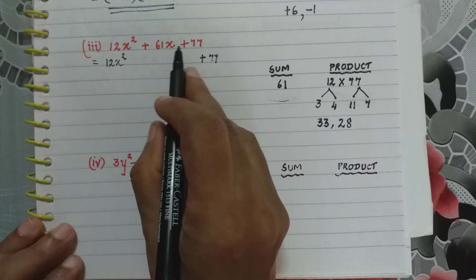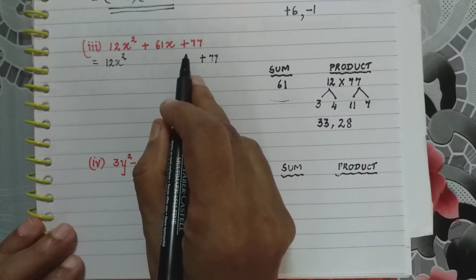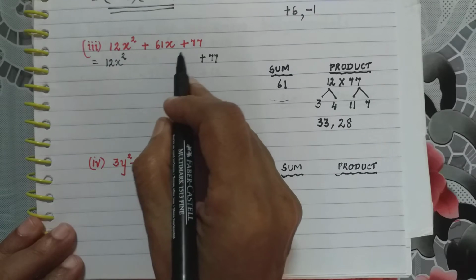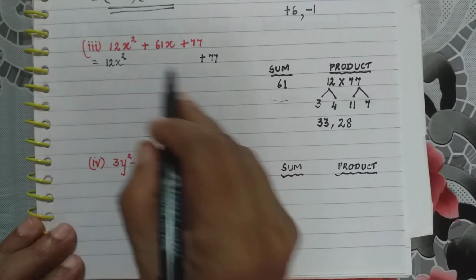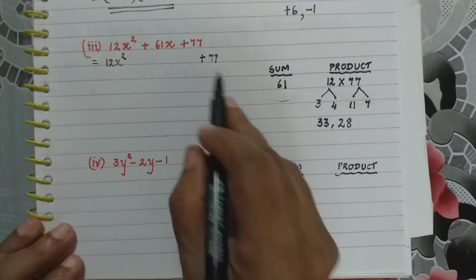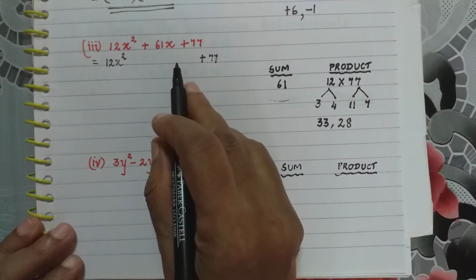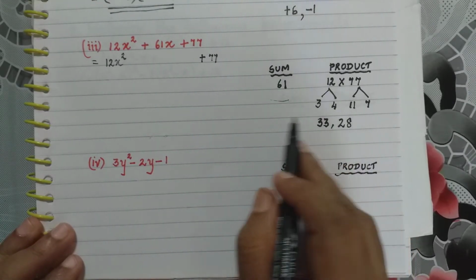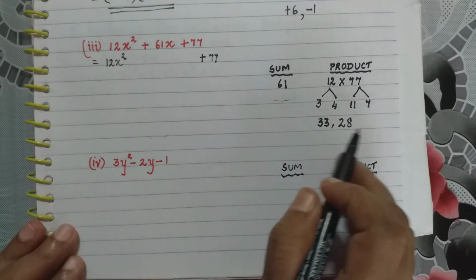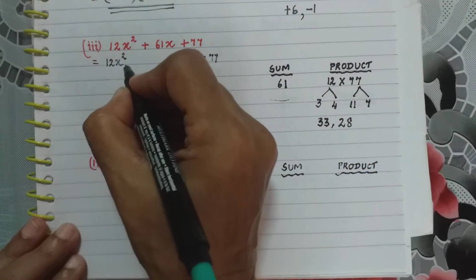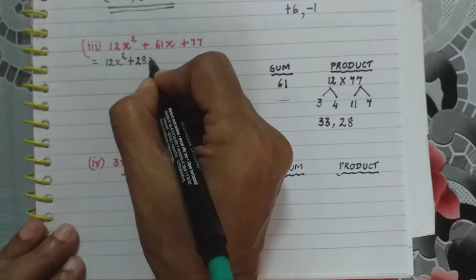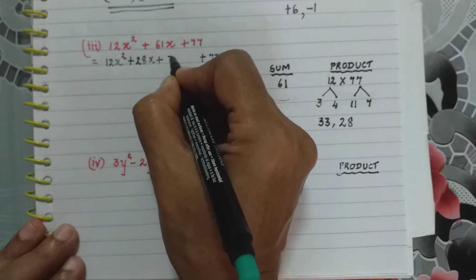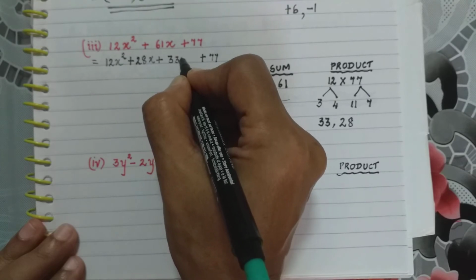Now what is the variable here? The variable here is x. So instead of writing 61x, I can write 33x and 28x. Okay, instead of writing 33x and 28x, I will first write 28x and then I will write 33x.